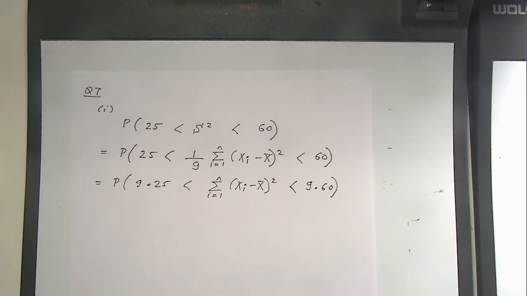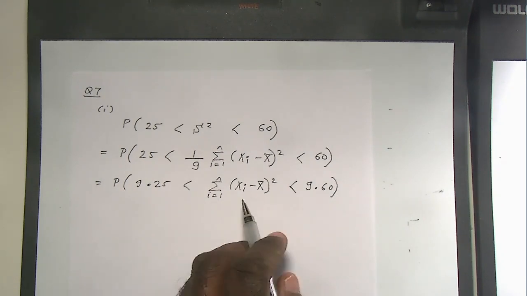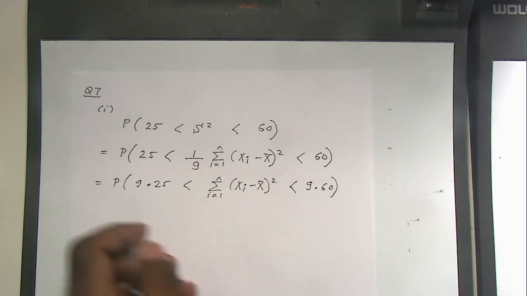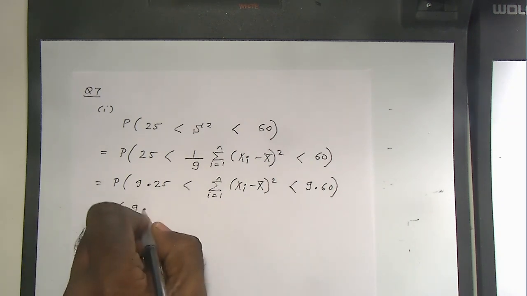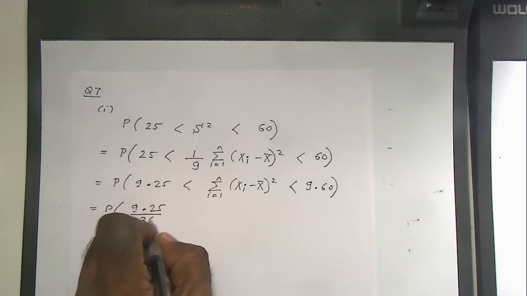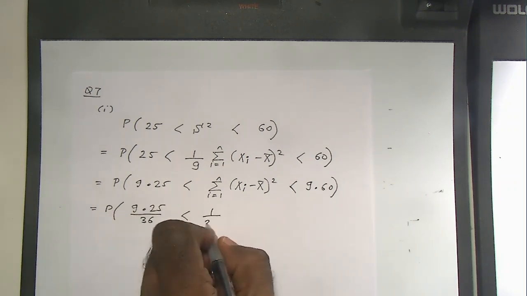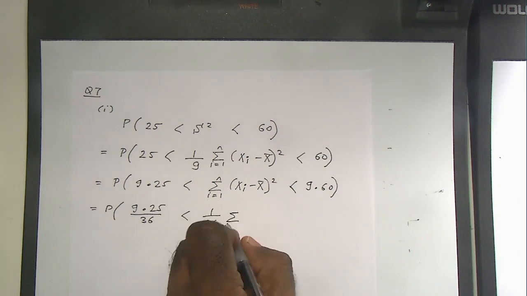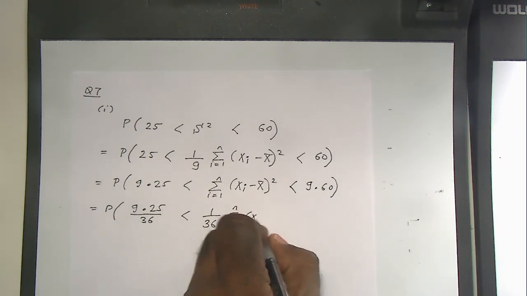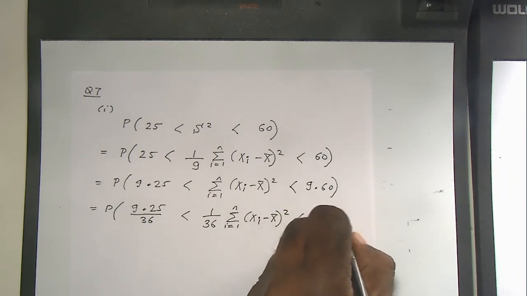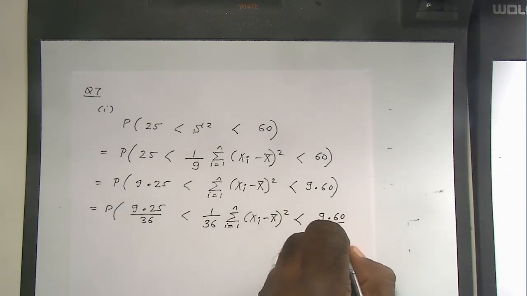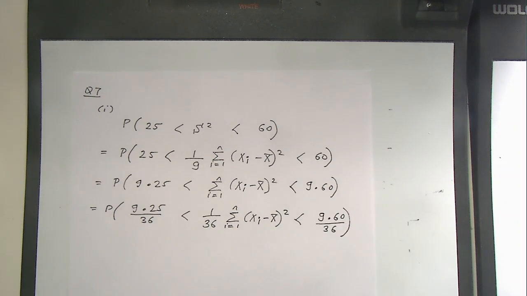Next I'm going to divide everything by sigma squared, which in this example is 36. You'll see in a minute why I'm doing this.